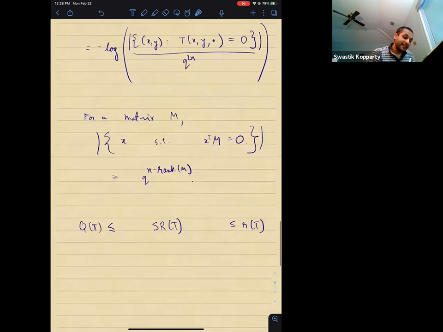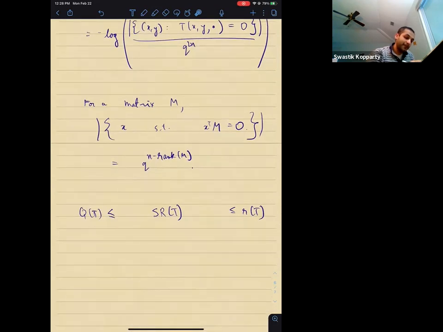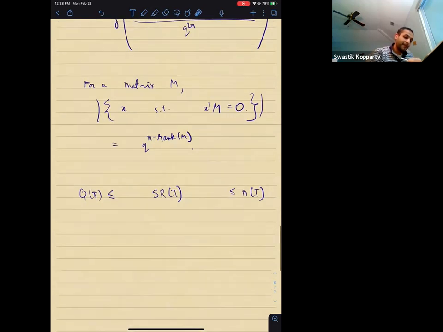There's also analytic rank sitting somewhere here. Let me write the separate inequalities.